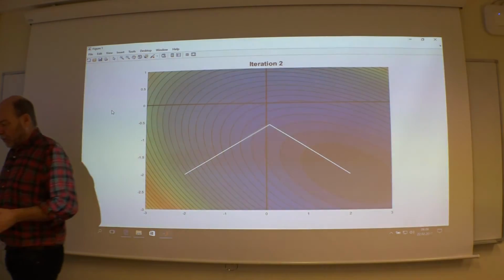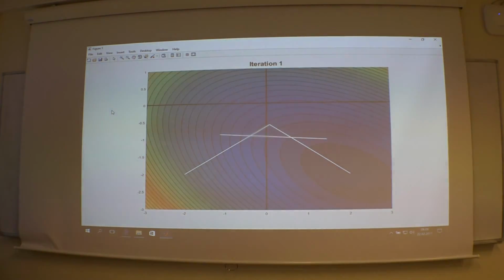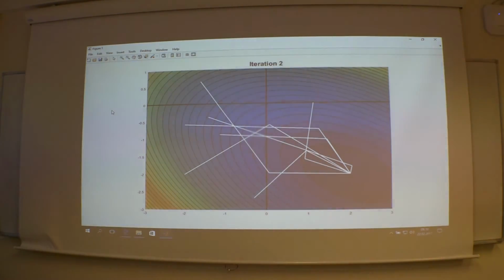You can do it over and over again, and it always hits bullseye every time in only 2 steps. Doesn't matter where you start. So this looks very nice when you have 2 equations and 2 unknowns, of course.